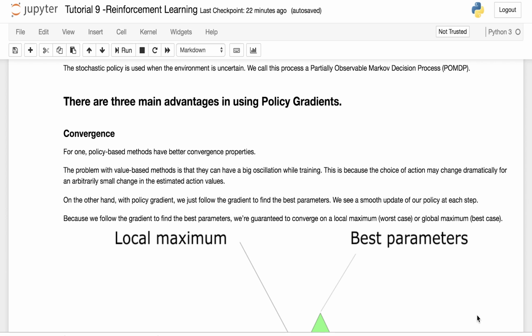But I'm talking about large scale problems. With small scale problems you can actually benefit from reinforcement learning.